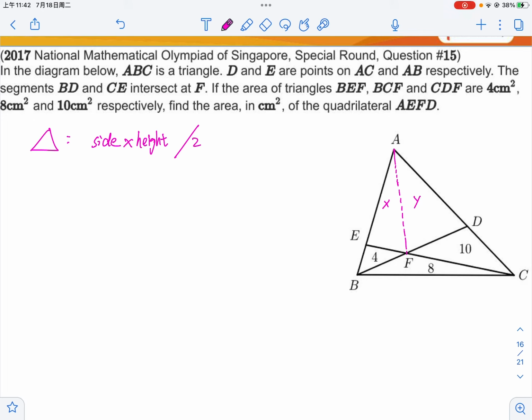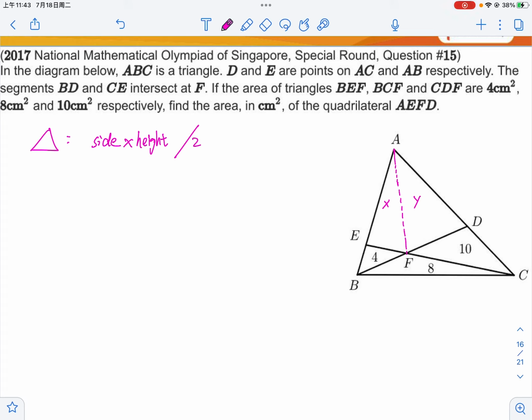To compare the triangle AEF and the triangle AFC, their height is the same. So the ratio of the area of AEF to the area of AFC is just EF to FC. And you may find that the triangle EFB and the triangle FBC, the height of triangle EFB and the height of FBC is also the same, right?